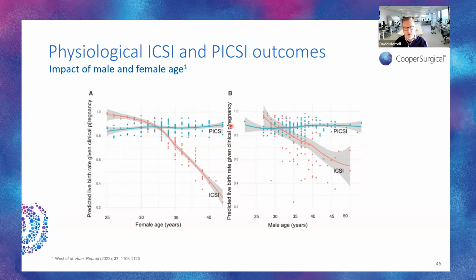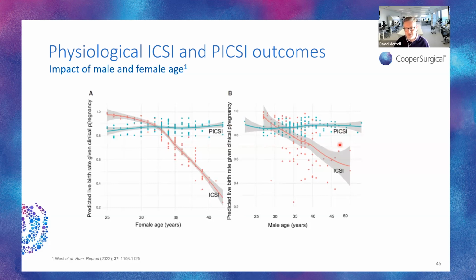So again, it highlights this story that by using PIXI, we avoid sperm DNA fragmentation. We know sperm DNA fragmentation is linked to miscarriage. If we use PIXI to avoid DNA damaged sperm, we can avoid the miscarriage, particularly in the older women where the egg quality is impacted and the repair of that DNA damage is compromised.